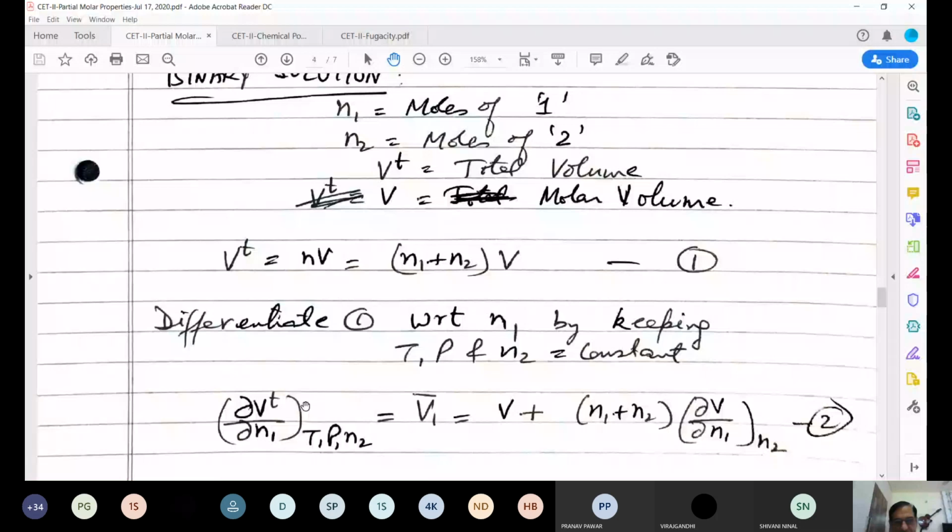So if we take the derivative of this side, because we're taking derivative with respect to n1, first term, V into derivative of n1 plus n2, which is 1, plus second term, n1 plus n2 into derivative of V with respect to n1, so delta V by delta n1 at constant n2. Is this okay? Any doubts on this much?